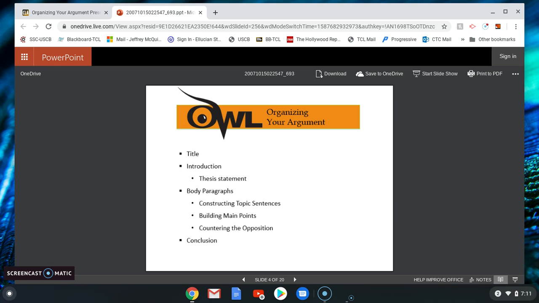So the total minimum pages that you would submit to me would be 8 pages. That's the bare minimum to actually meet one of the requirements for this assignment. But you can see by this slide right here, you start with the title, then you get to your next page that has your introduction with the thesis statement.